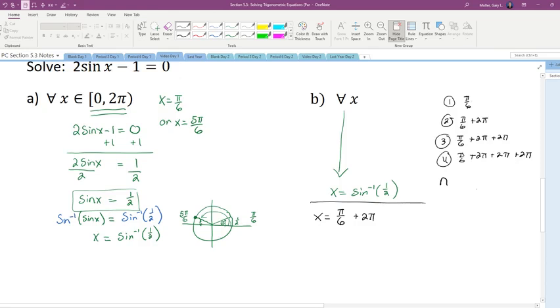I just need to keep adding 2 pi's, so I'm just going to add an n to the end of this. But wait a minute. Looking at my problem here, it looks like I have one less 2 pi than the number of terms we have, right? Well, the way we're going to answer that is we're going to add some disclaimers about what n is.